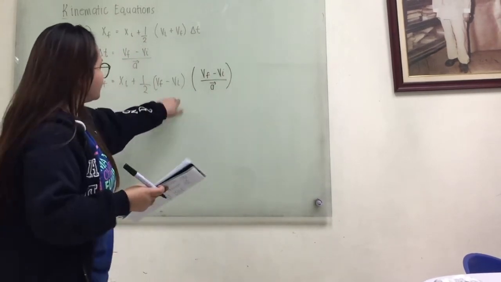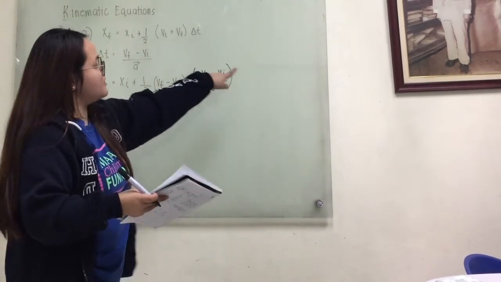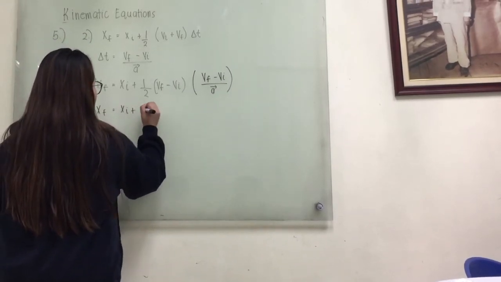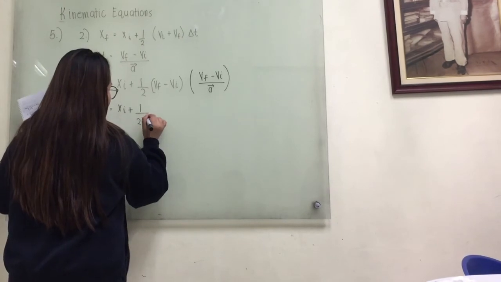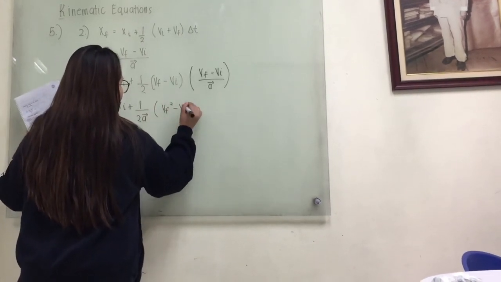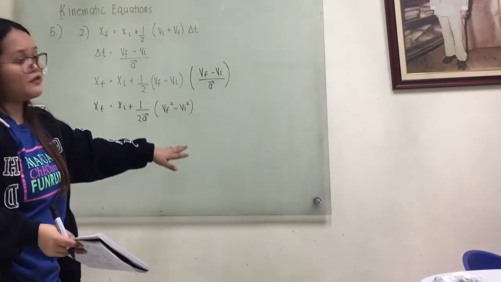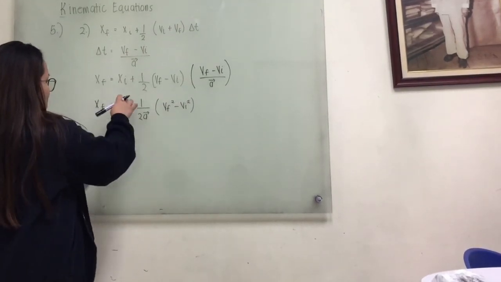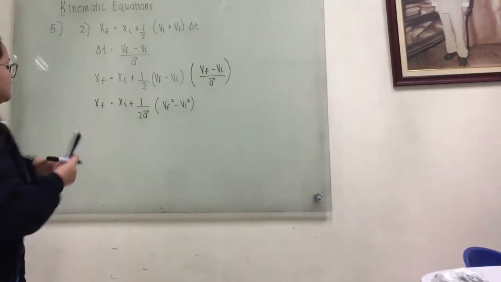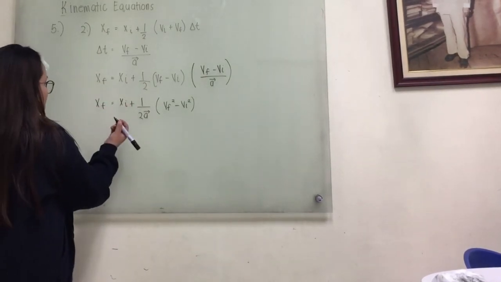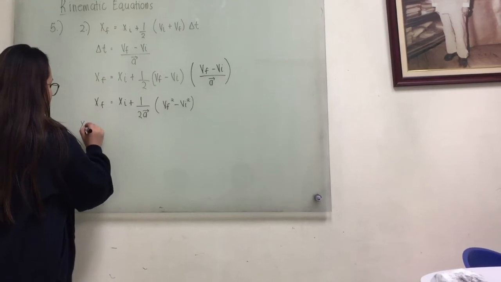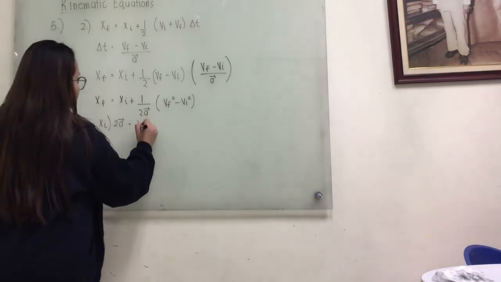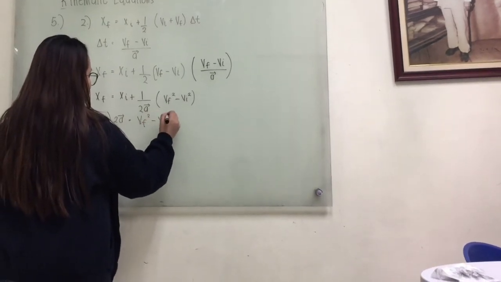We can simplify this by multiplying these two, and we will get xf is equal to xi plus 1/2 times 1/a times (vf squared minus vi squared). To make this equation favorable for the final velocity, we can cross-multiply it here by transposing the initial position here, making (xf minus xi) cross multiplied by 2a equal to the final velocity squared minus initial velocity squared.